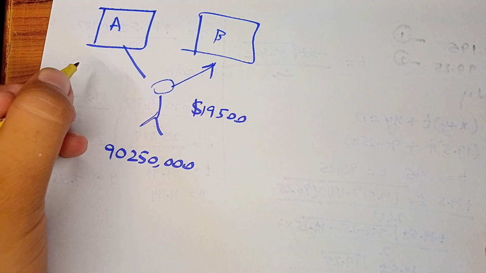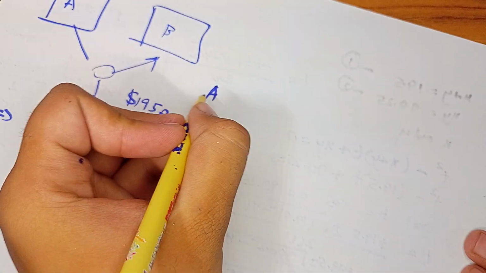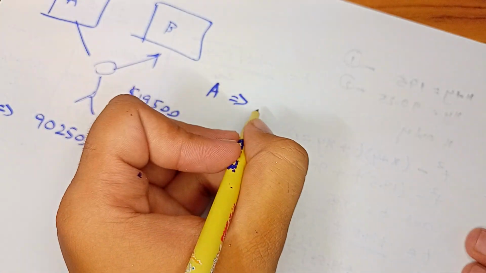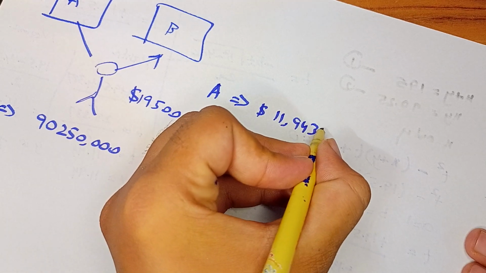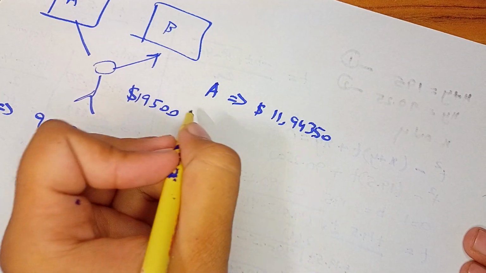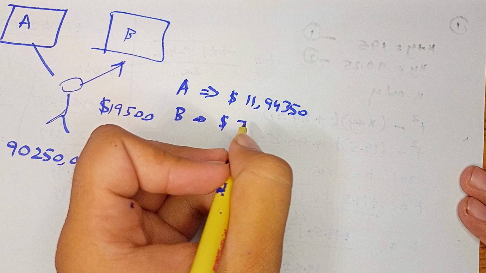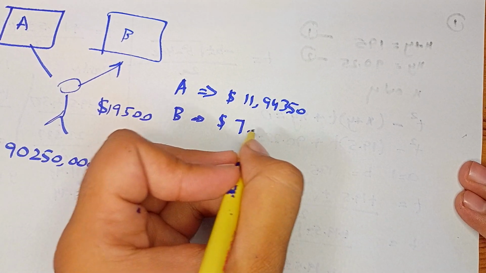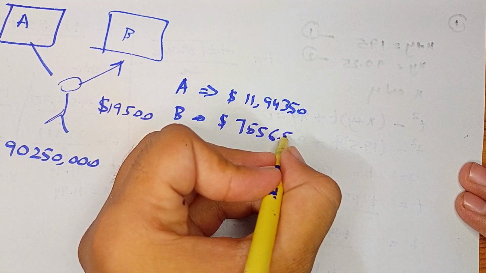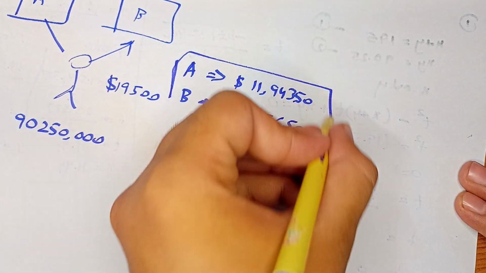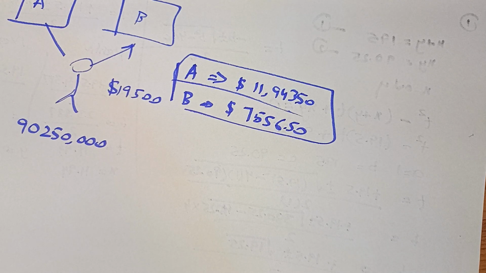In account A we invested 11,943.50, and in account B we invested 7,755.65. These are the two amounts we should invest in the two different banks.